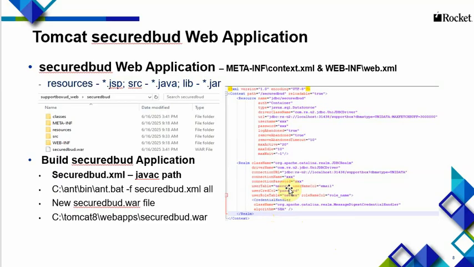After you set up your Tomcat Web Server environment and compiler to create your application, you put the new WAR file on the Tomcat Web App application. You will generate one called secure, for my example, secure dbud.war file.